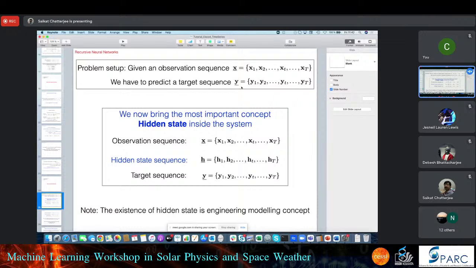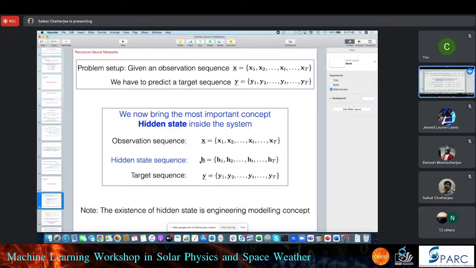So what we have is this X and Y. I'm writing the observation sequence X bar here and the target sequence Y bar here, and then introducing something that is called the hidden state sequence. Please note that the terminology hidden state is a standard terminology, so just memorize it right now.